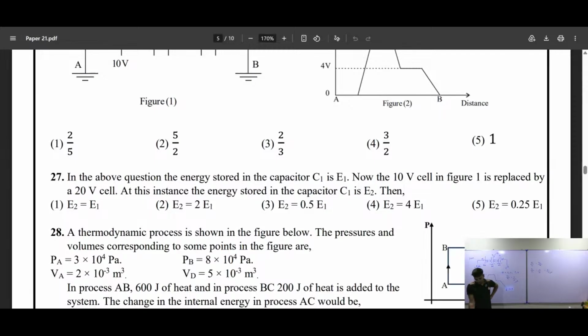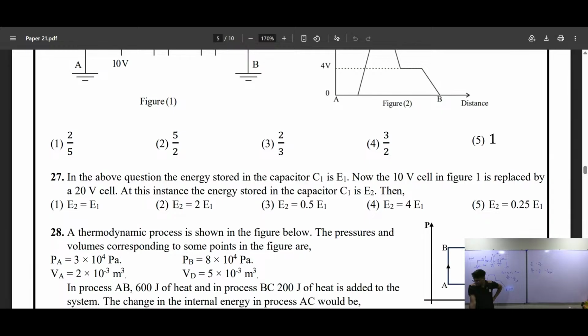Okay. Now, the cell in figure 1 is replaced by a 20 volt cell. At this instance, the energy stored in the capacitor C1 is E2.